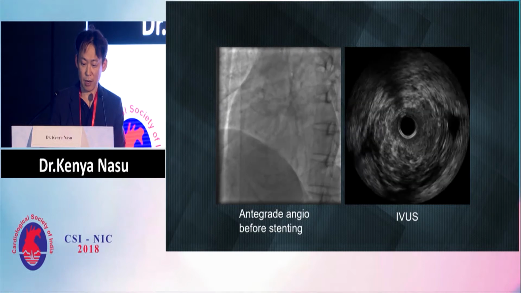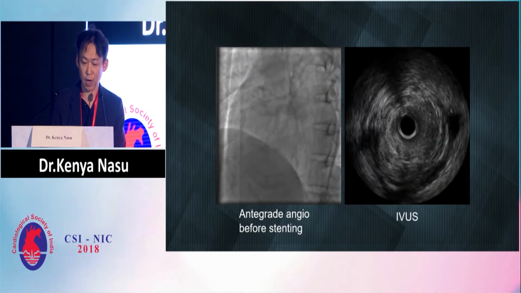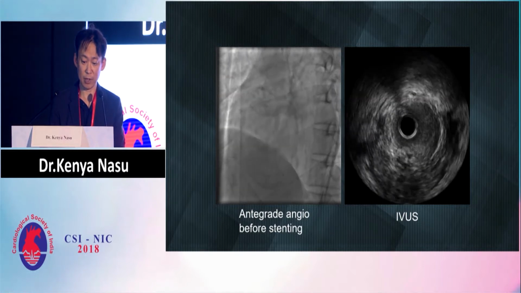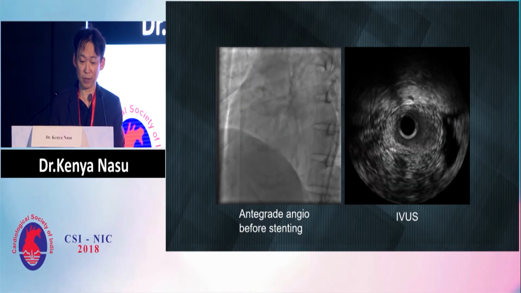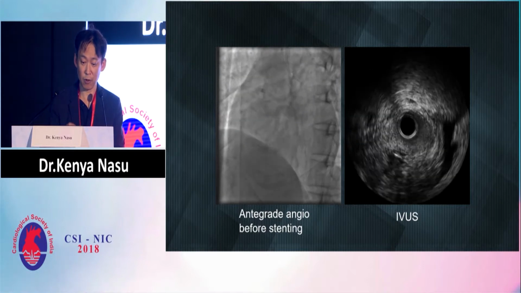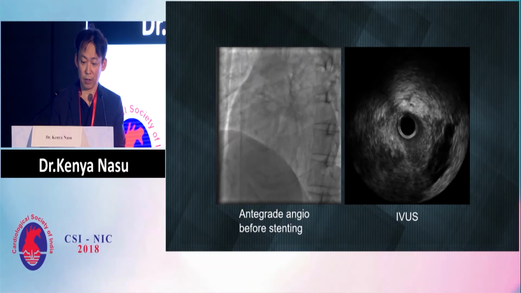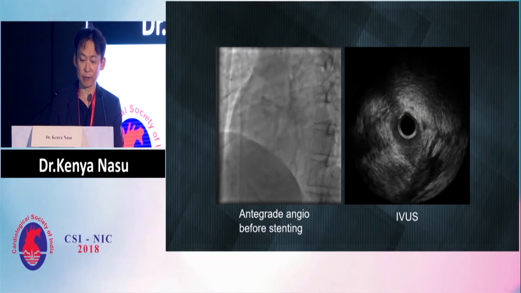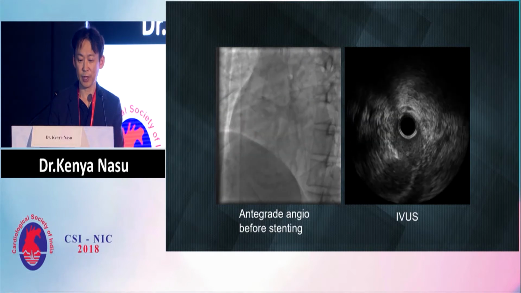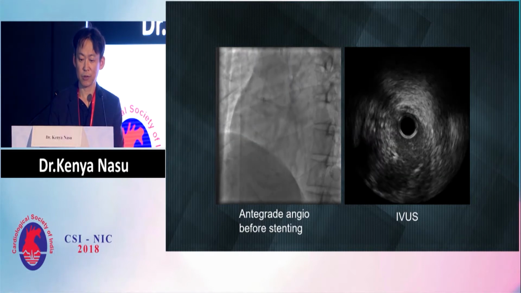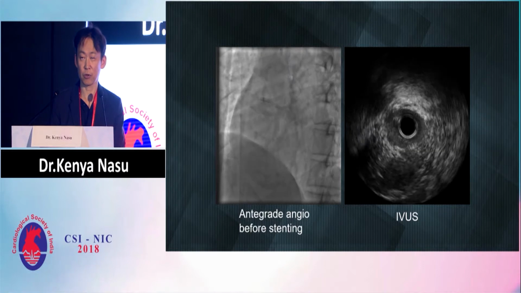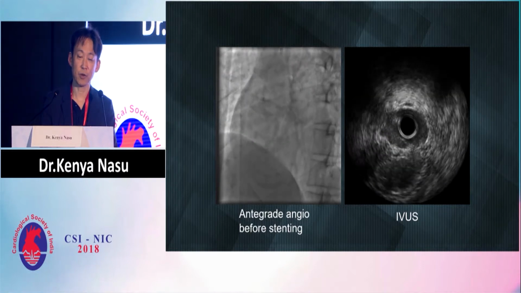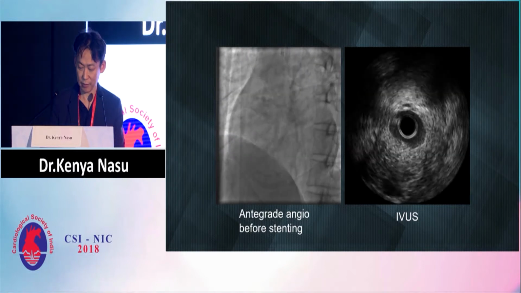In the IVUS findings, which are very important, I would like to show this for a little bit longer, so I'm sorry. You can see the IVUS catheter is completely outside of the vessel from here. This is the vessel. So maybe the antegrade shot caused perforation from the subintimal space.